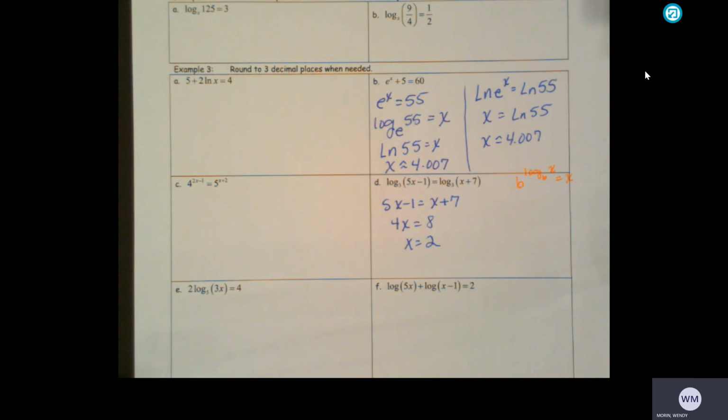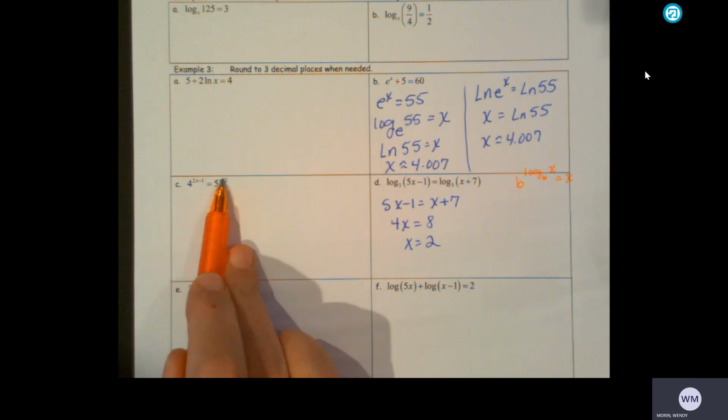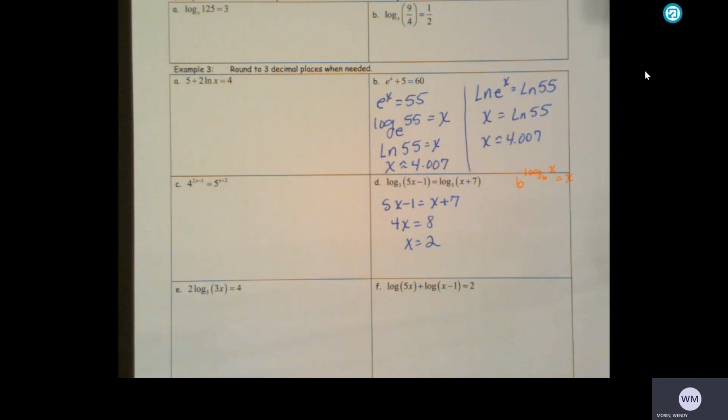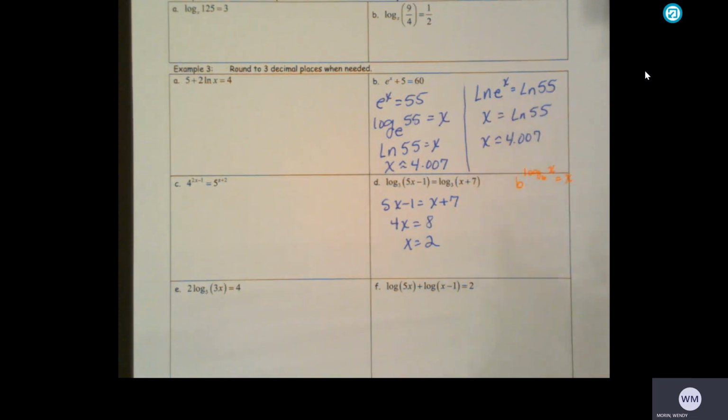So the special case for exponential equations that have two variables in their exponents, you're going to do it similar to this one over here. You're going to take the log of both sides. You can take the natural log, which means ln, or you can take the common log, which means log. It's completely up to you.